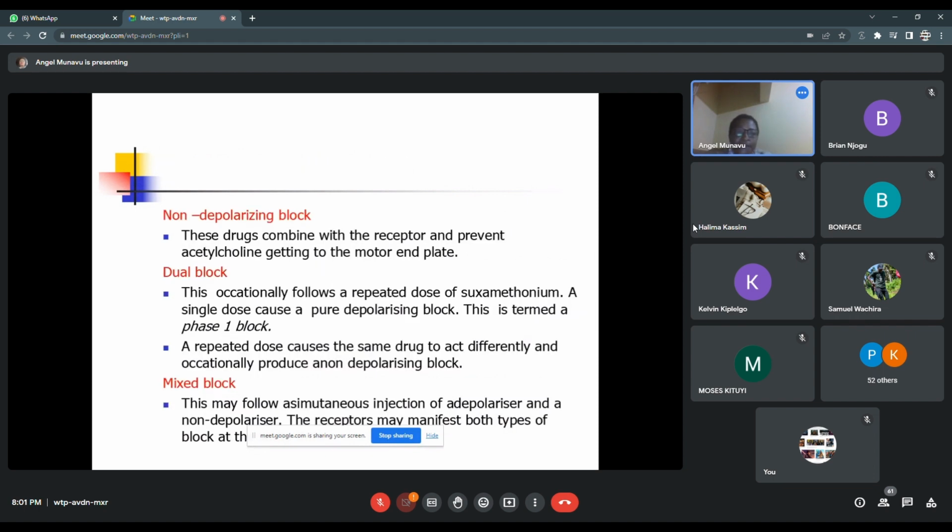Then we have the non-depolarizing block. When you give these drugs, which do not cause depolarization, they combine with the receptor and prevent acetylcholine from getting to the motor end plates, and they don't cause any contraction.